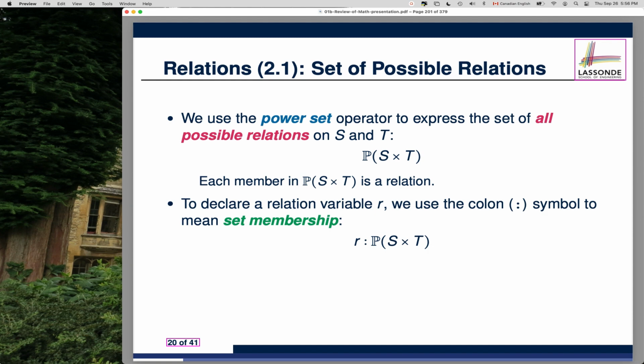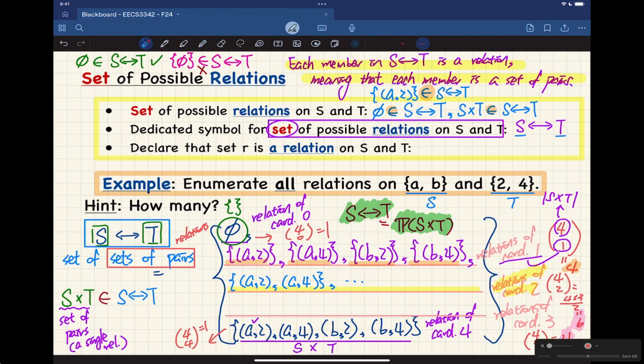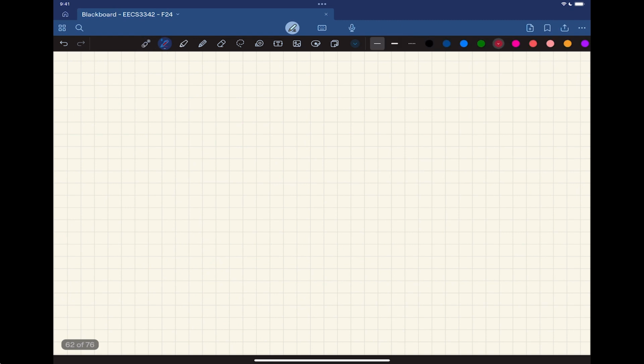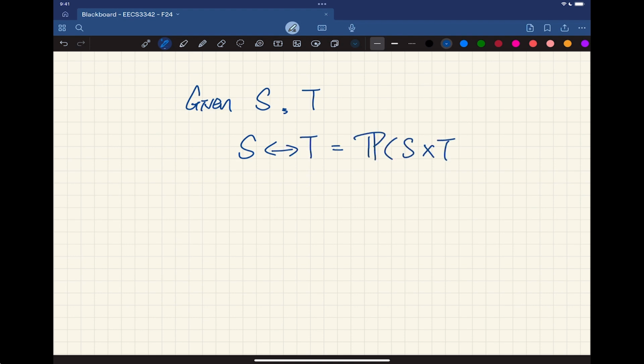And then, so here, how do you declare? Let me now go here. So what we know is this. Given S and T, right? Some concrete sets. And then we say S relation T equals power set of S cross product T. That's a result we gain.